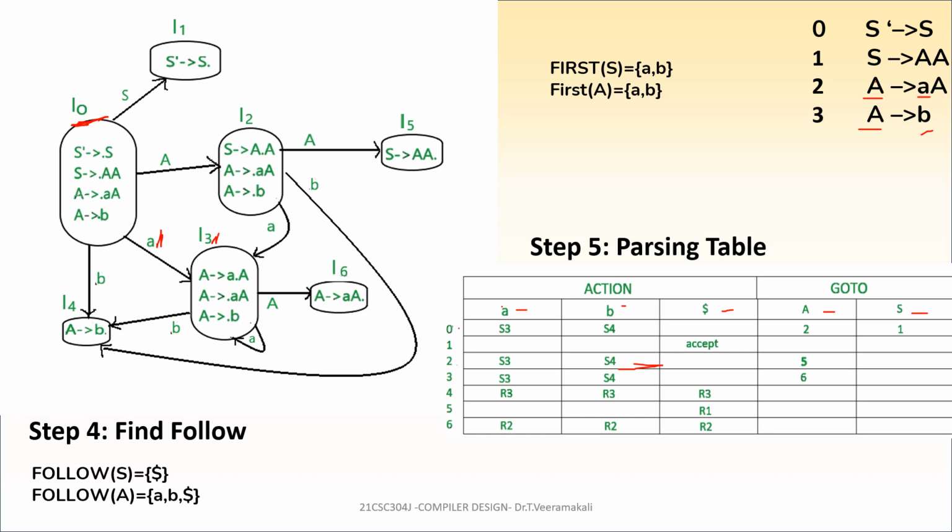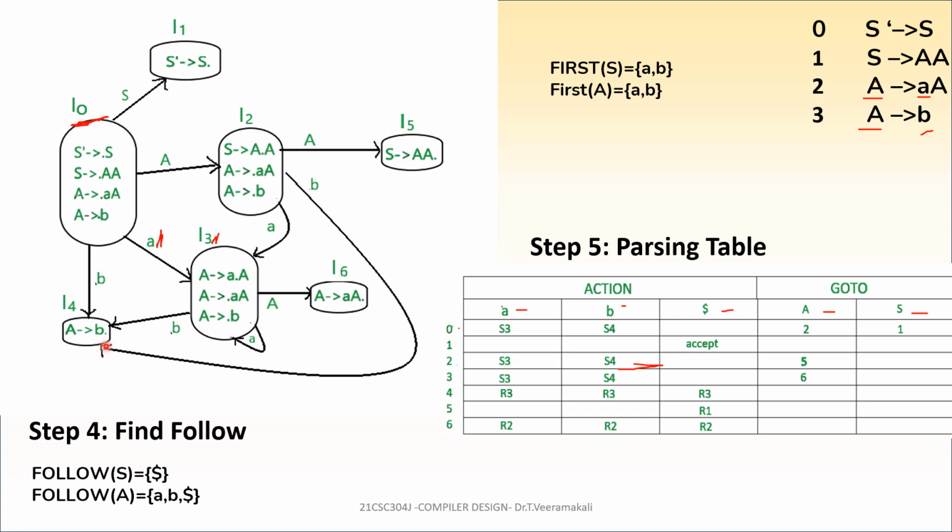So if you consider I3, if the input is small a, it goes to the same state. So S3. And if the input is a B, it goes to I4. So it is going to be S4. Okay, and then if the input is A, it goes to I6. So you have to represent here 6. So this is the way you have to fill. And I completed I2, I3, I1.